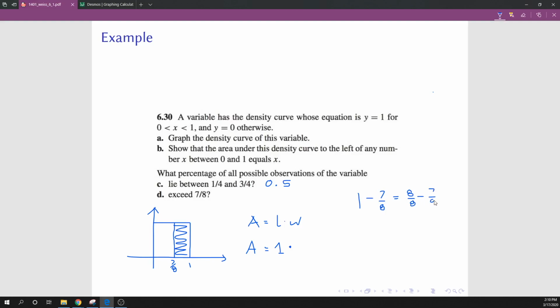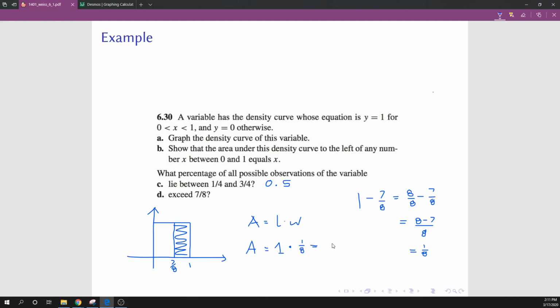Get a common denominator to subtract a fraction, and 1 written as an eighth is 8/8. And so now that I have a common denominator, I just subtract those two and get 1/8. So the width is 1/8.